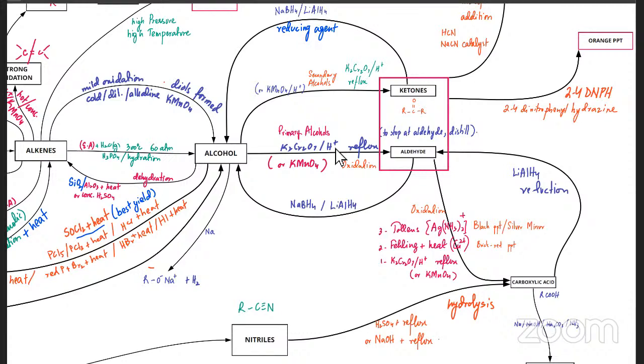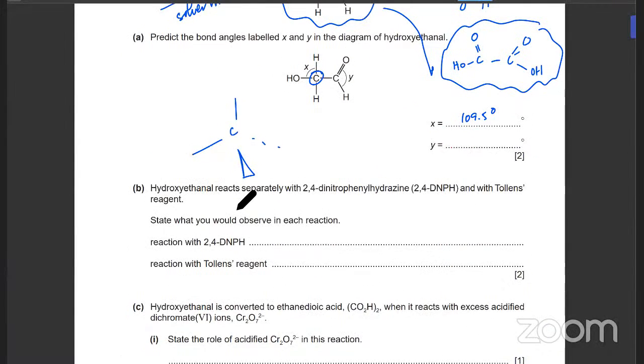Nothing should get out. Because if you distill it, then the aldehyde will escape and it will not get converted into carboxylic acid because aldehyde has a lower boiling point. It doesn't form hydrogen bonds, so it quickly gets evaporated from the solution. So it won't form carboxylic acid, it would leave the container. So it's reflux, heat with reflux.